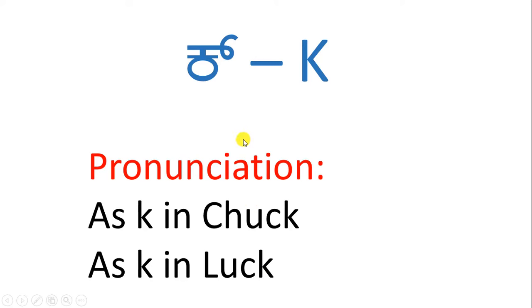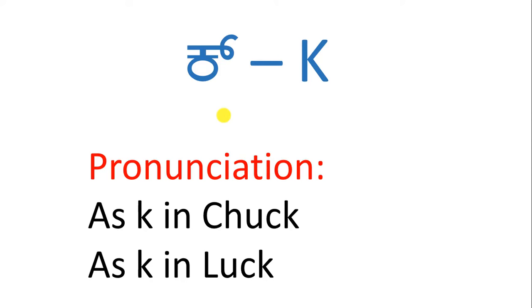And one thing you must know is that we never pronounce a root consonant alone. What I mean to say is we always add a vowel to the root consonant and we speak. We never use a root consonant in normal speaking.